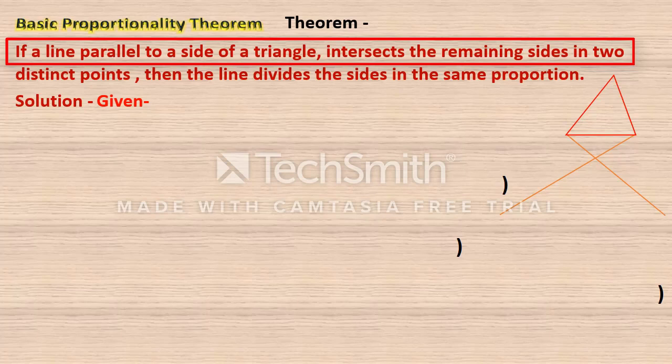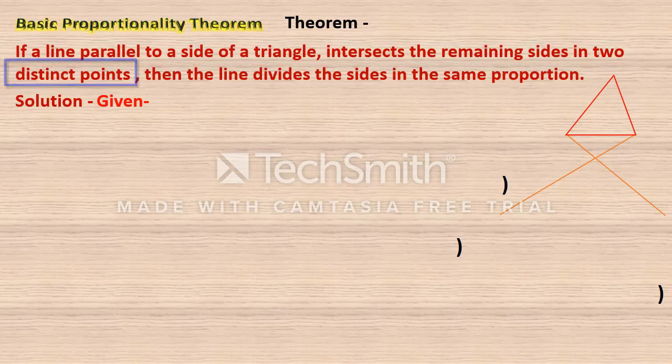In the theorem, if a line parallel to a side of a triangle intersects the remaining sides at two distinct points, that is the given part. From that part we want a figure.